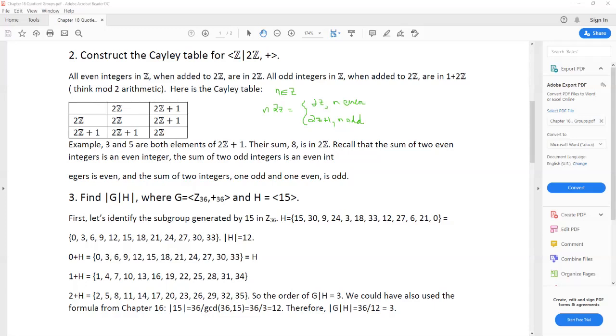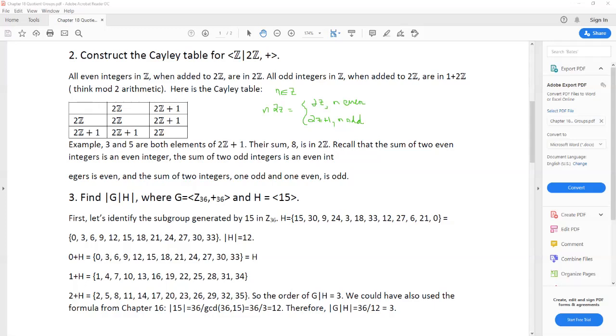If you have an odd integer in Z, if you add the odd integer to 2Z, then you are going to get 1 plus 2Z. And we're using 1 because 1 would be the remainder. So think about mod 2 arithmetic if you're struggling with that concept.